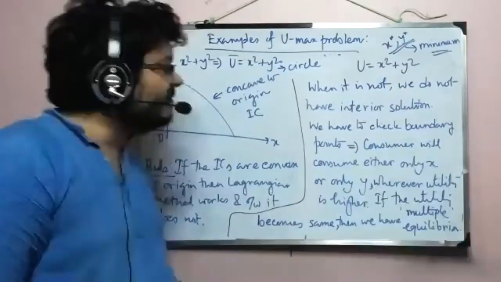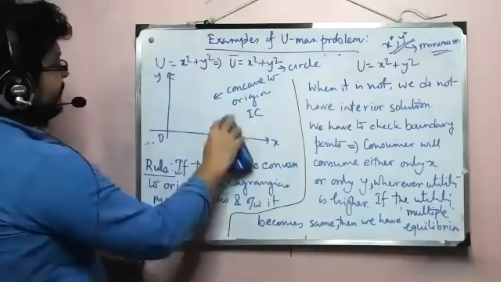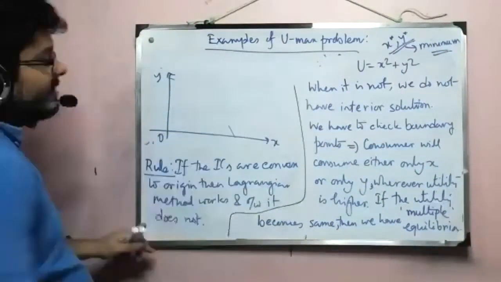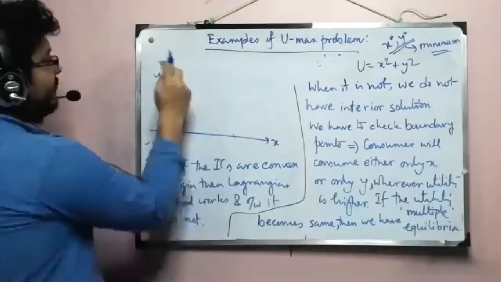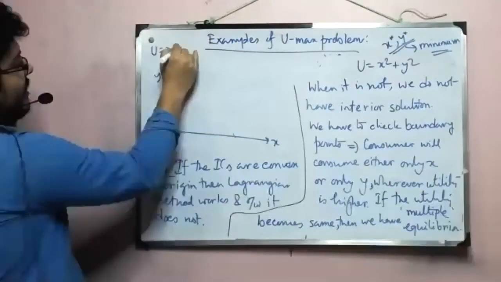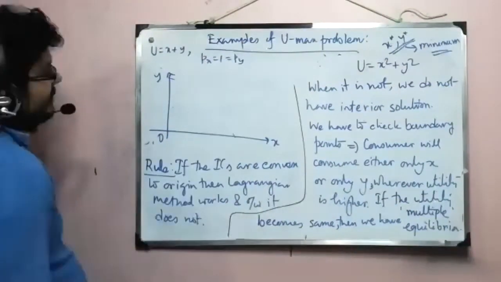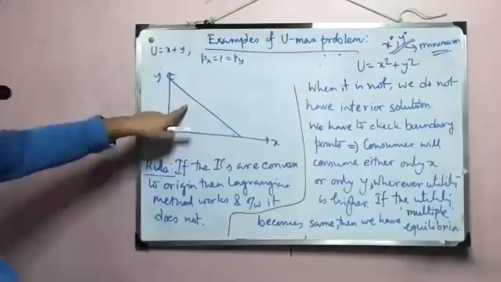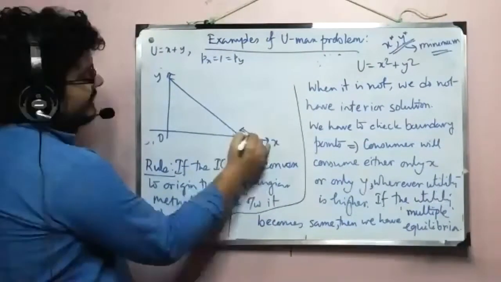For example, let me give you just an example. If I'm working with a utility function where u equal to x plus y, and px equal to 1 and py also equal to 1, then we have a utility function, we have a budget line. Let's write the budget line.